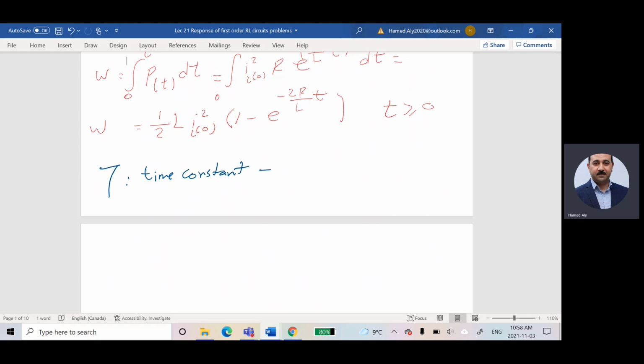And this tau is equal to L over R. This time constant is defined as the rate at which the current or the voltage approaches 0.